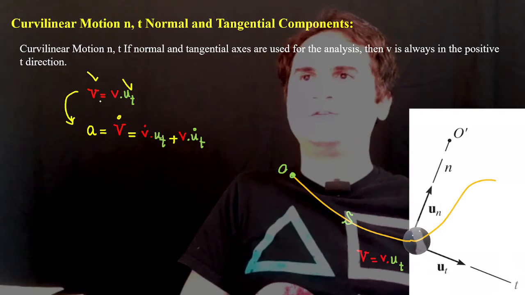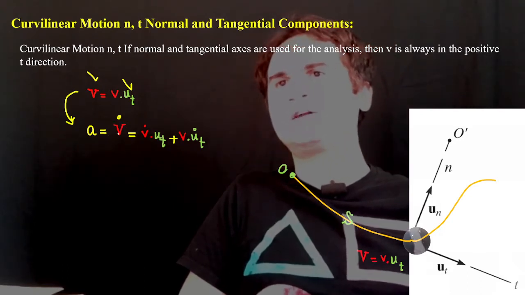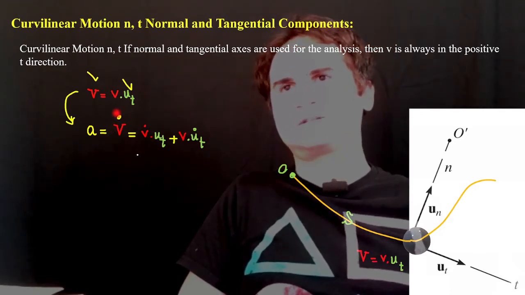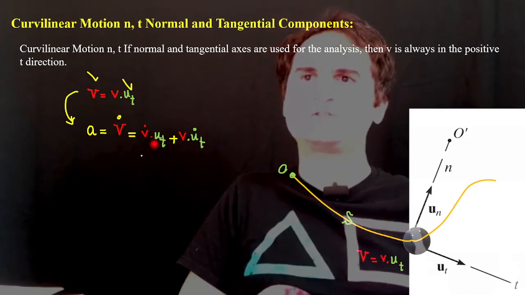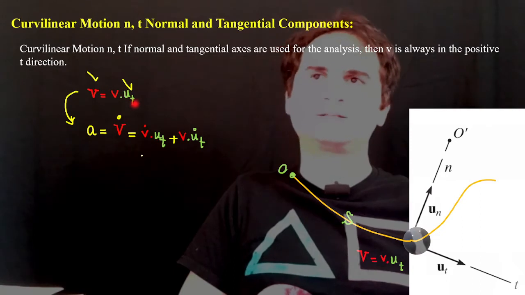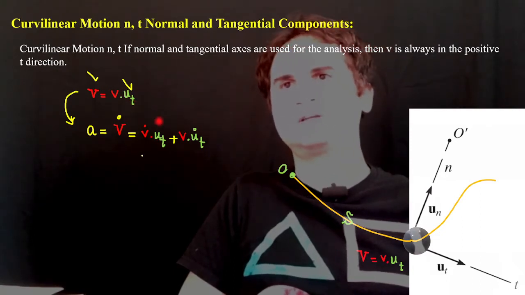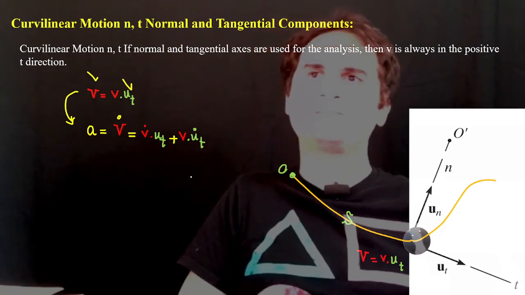Acceleration is the derivative of velocity. Taking the derivative of this term gives v dot times u_t plus the derivative of the second term, u dot t, times the first term, v.